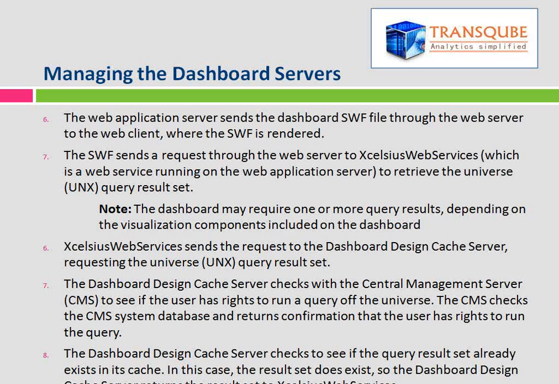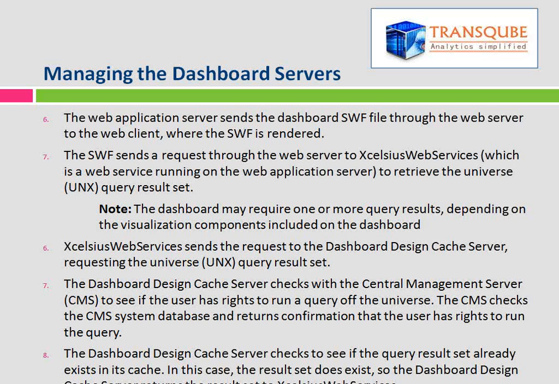The end user who is running this particular query should have authorization to extract the data from this universe. If a dashboard also has a connection to different data sources, each data source must be authorized for the end user.